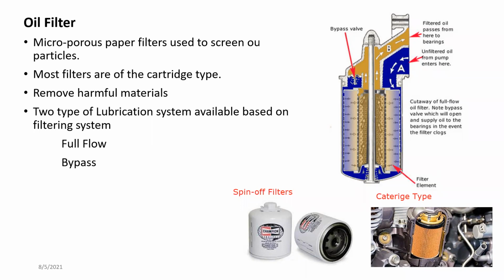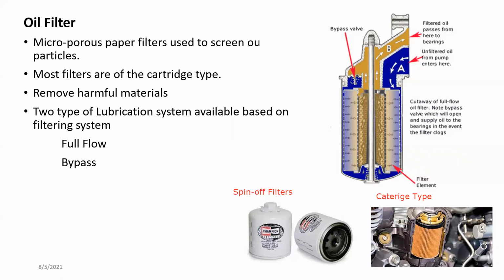The difference is that when you remove the spin-off filter, you take the whole filter itself. But in the cartridge type filter, usually you can only take the inner element. The outside housing you can't take.